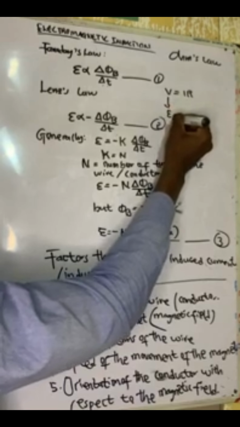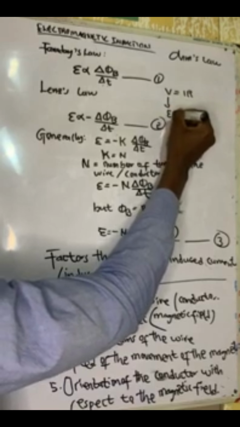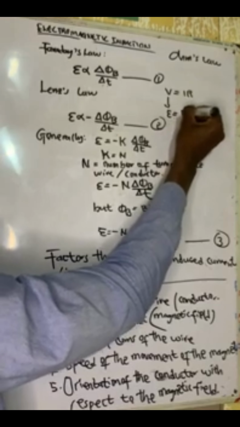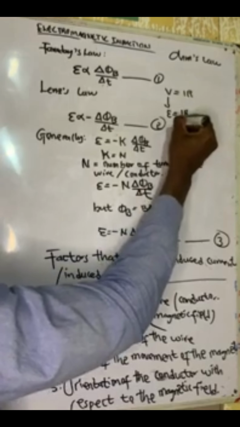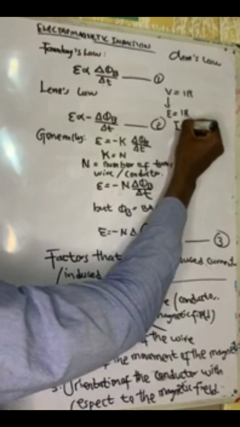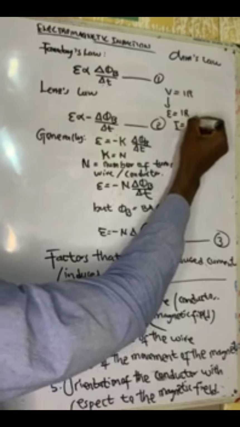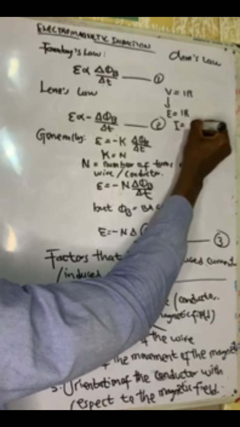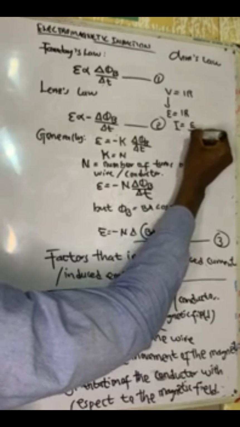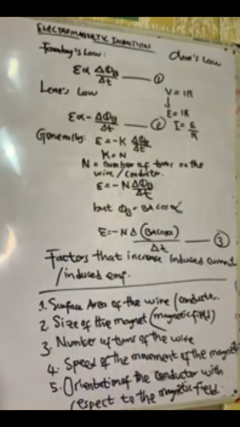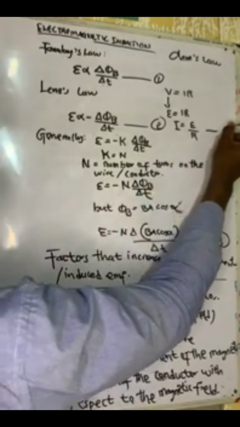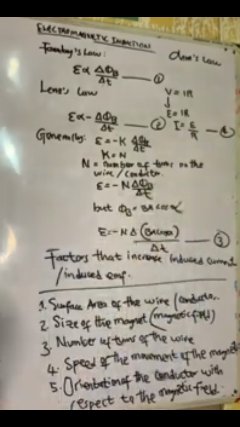So the induced EMF is the potential difference, which will be equal to the current times the resistance. So should you have the induced EMF, you can calculate the current by dividing the induced EMF by the resistance. So this will be the equation that can be used to calculate the induced current that has been generated as a result of electromagnetic induction.